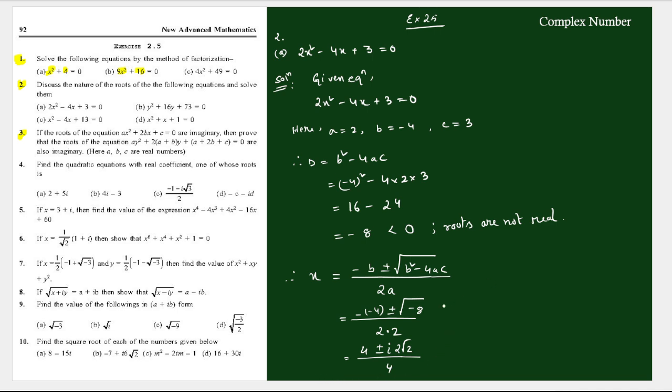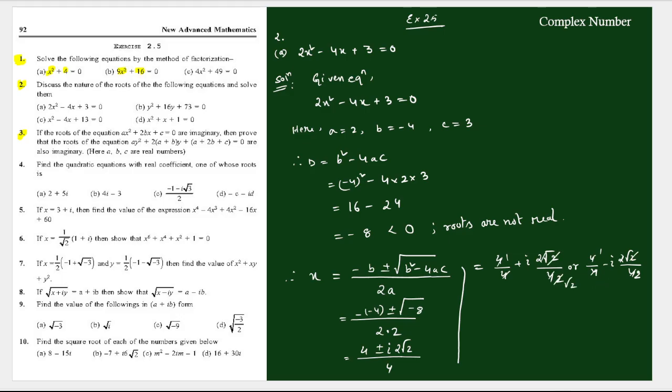Now you can separate them: 4 by 4 plus i 2 root 2 by 4, or 4 by 4 minus i 2 root 2 by 4. 4 by 4 is 1. This one becomes 2, and root 2 can cancel out.